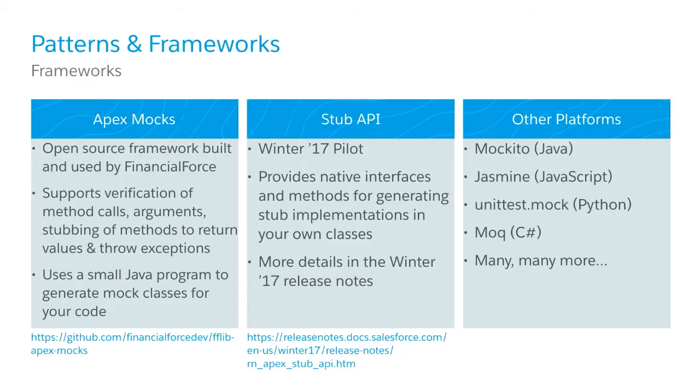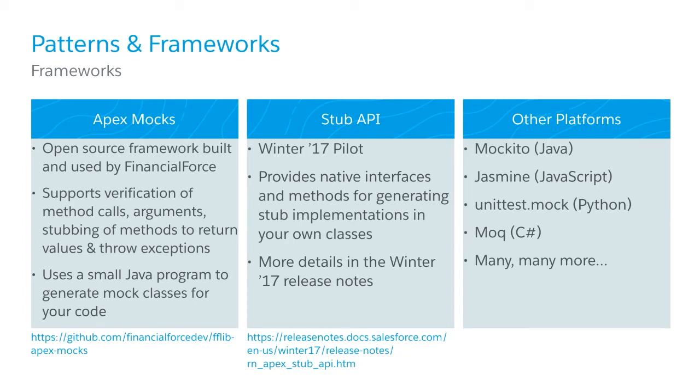So I'm going to talk a little bit about frameworks now. The only one that I really know of that's worth using, and I don't want to blow smoke or anything, at the moment is Apex Mocks. Apex Mocks is open source and built and used internally by FinancialForce. It supports all of the good stuff I was talking about earlier: verification of method calls, how many times things are called, stubbing, and a bunch of other stuff.